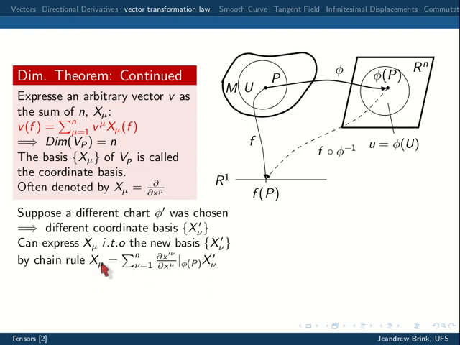So our coordinate bases transform by using the coordinate transformations between the two charts. Okay, so here x^μ prime is the ith component of this map, which is basically you take the chart to the new coordinate basis, applied to the inverse of the chart to the old one.